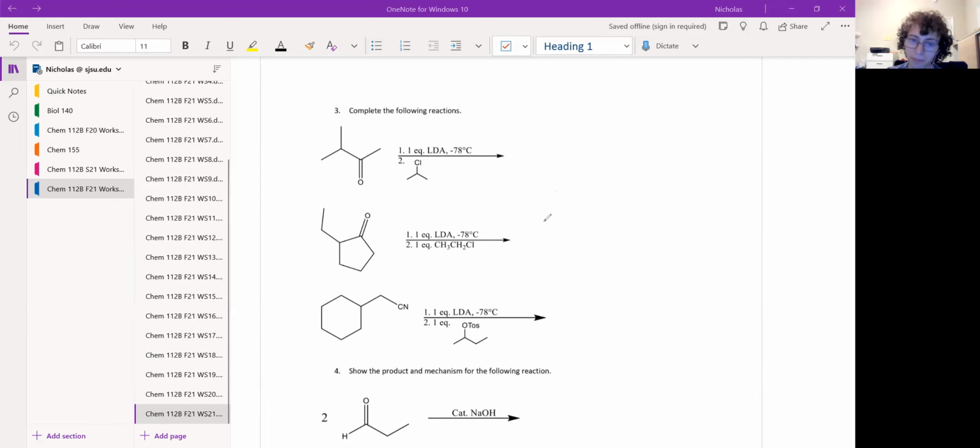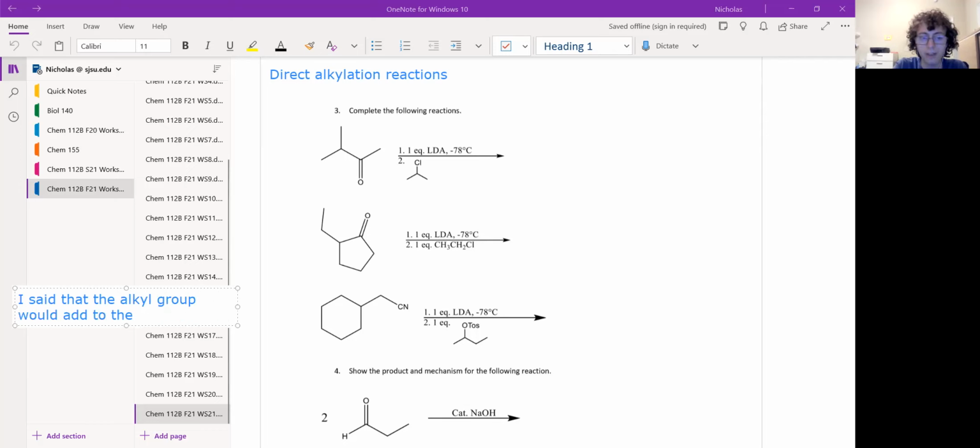So all of these on question 3 are direct alkylation reactions, where we're adding an alkyl group to an alpha position. And I told you guys on the last worksheet that the alkyl group would add to the more substituted side.